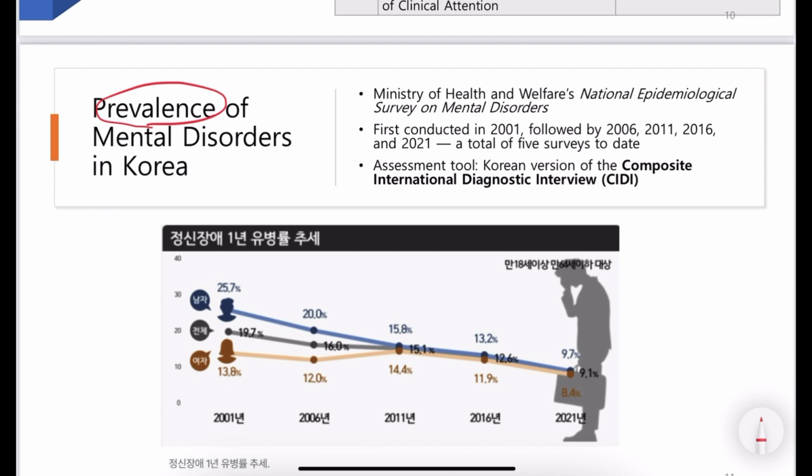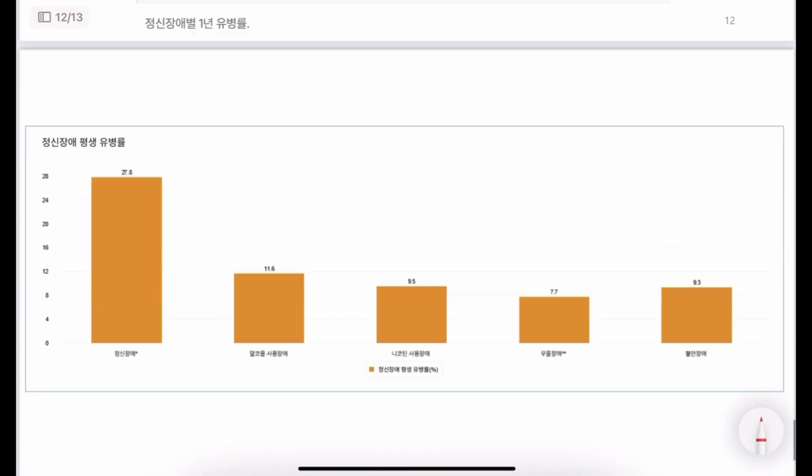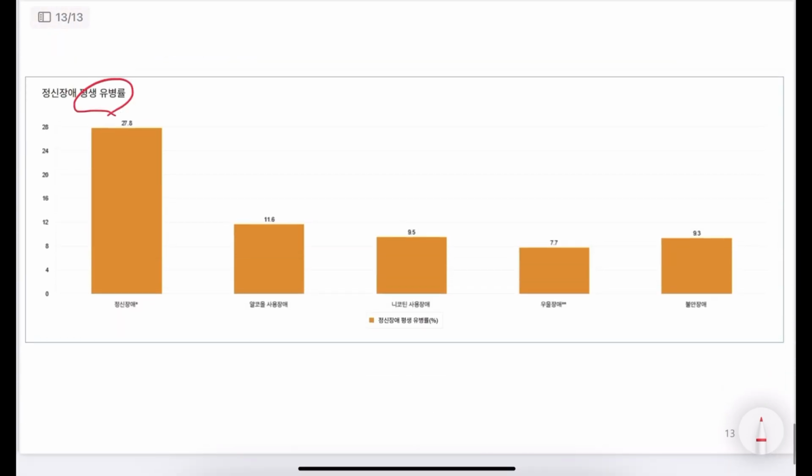Here, we look at the 1-year prevalence, the percentage of people who experience a mental disorder during that year. And lifetime prevalence, the percentage of people who have ever experienced a mental disorder at least once in their life.